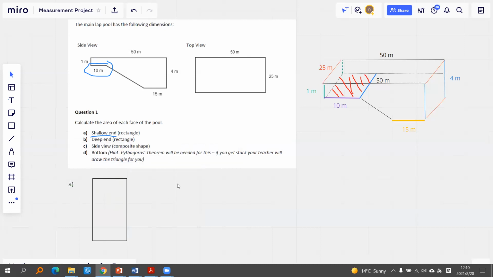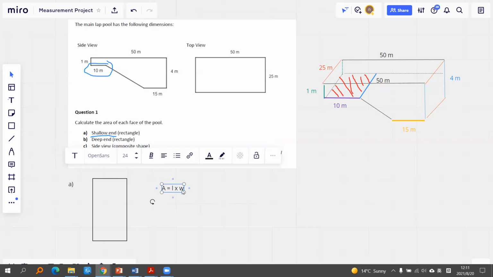So for this one, what do we have? We have a side length of 10. For area, which equation do we use? Length times the width, right? So I use length times the width.